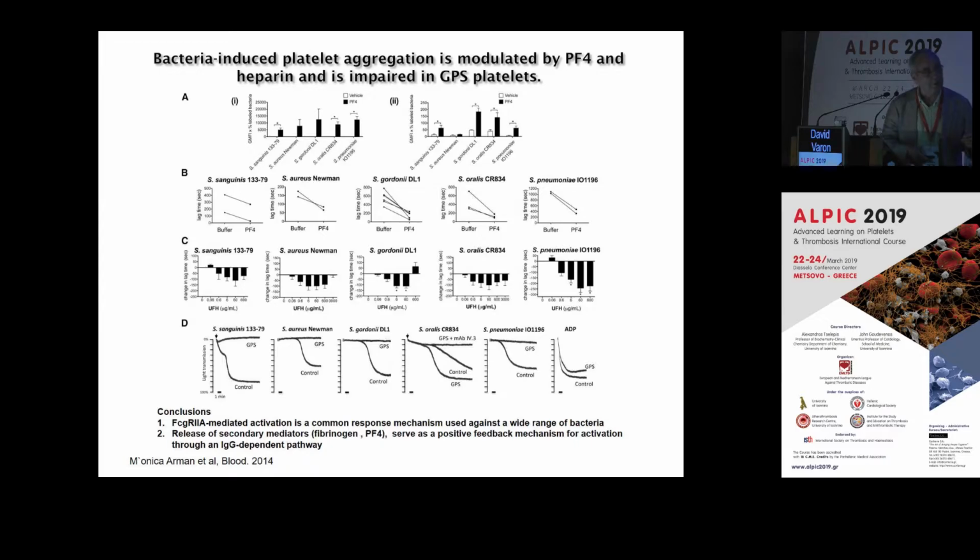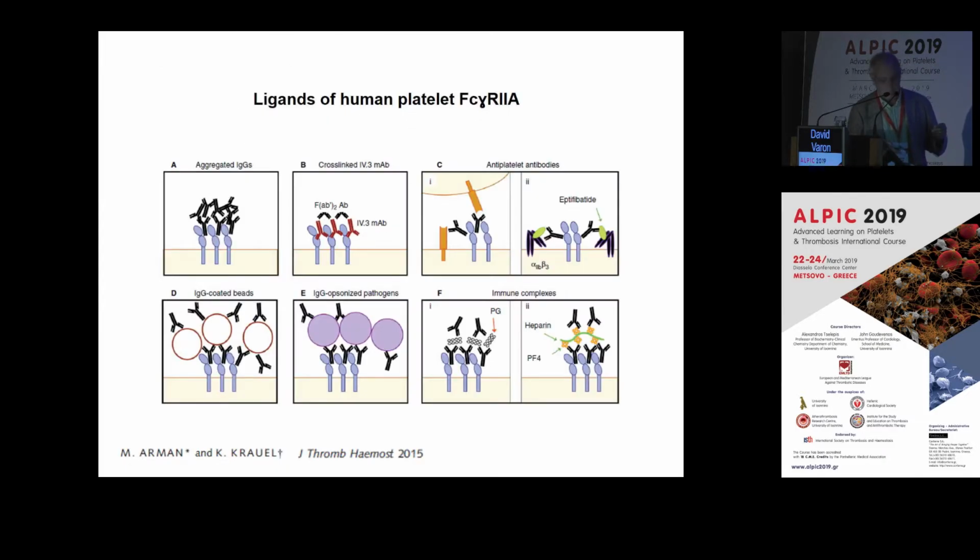And how does it work? The Fc gamma receptor is attacked or attached by the anti-platelet antibody, for example, or by a heparin-induced antibody, you know, the heparin and platelet factor 4 complex.